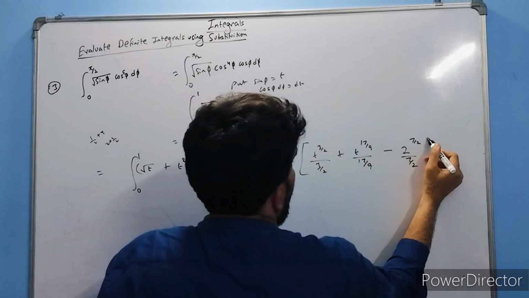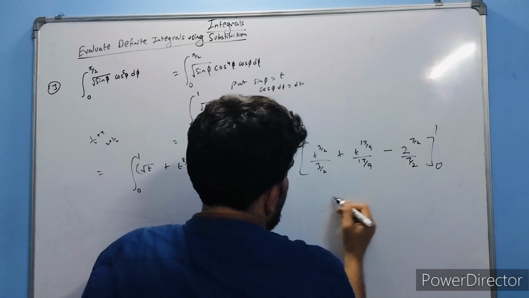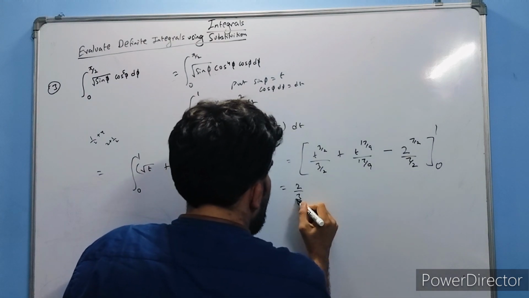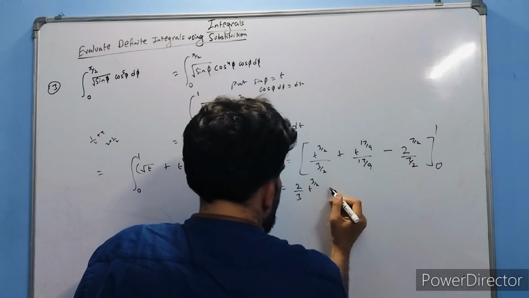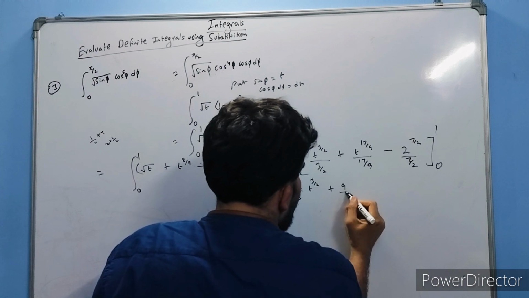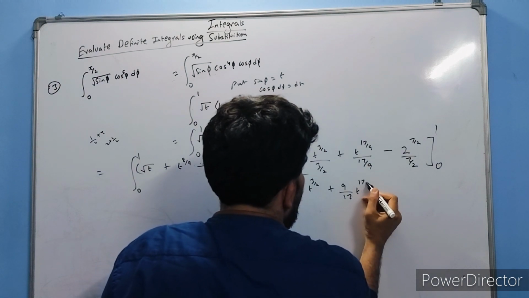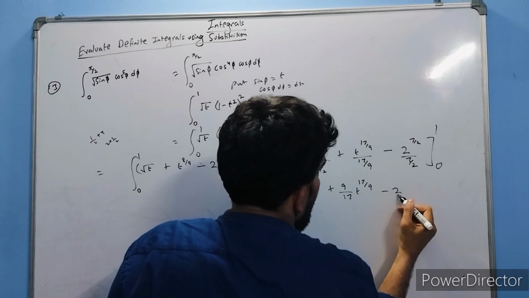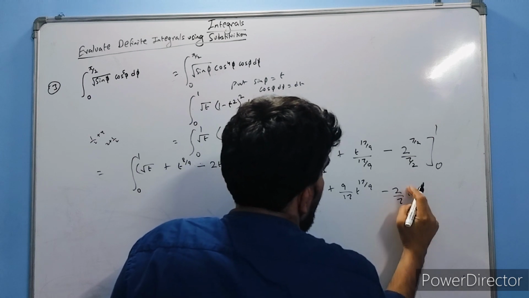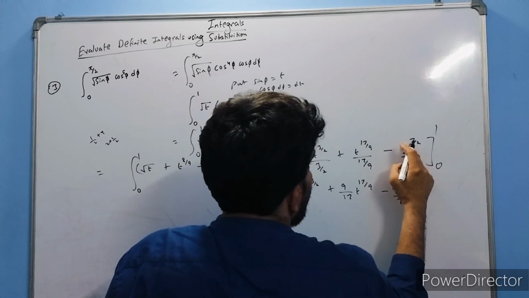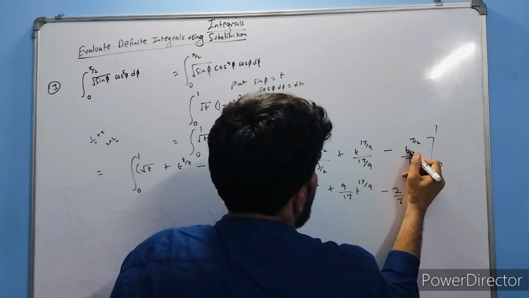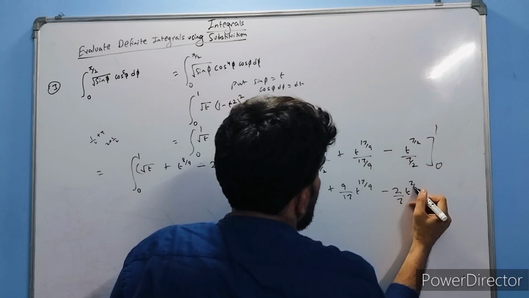So now I can easily put a value here. I will take 2 by 3, t to the 3 by 2, 9 upon 17, 17 upon 9 minus 2 upon 7. So we have here taken this, so it will be t, so t here 7 upon 2.